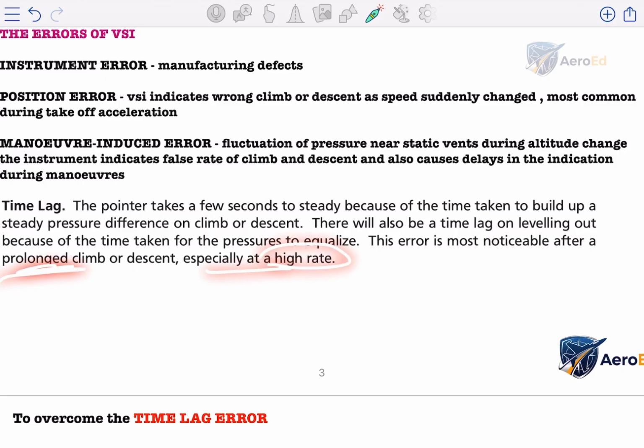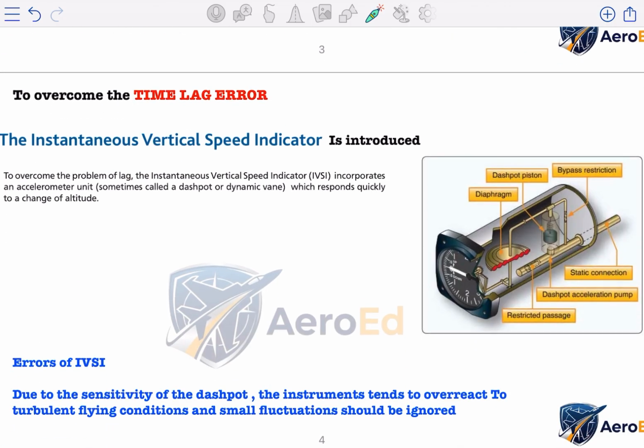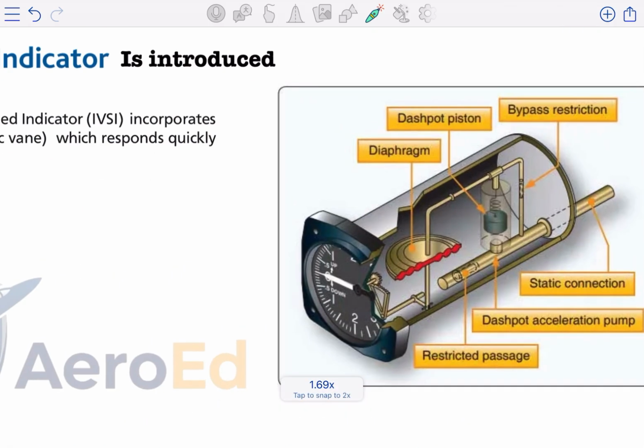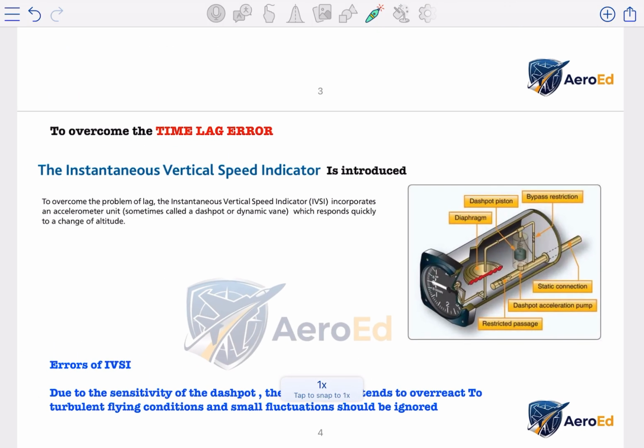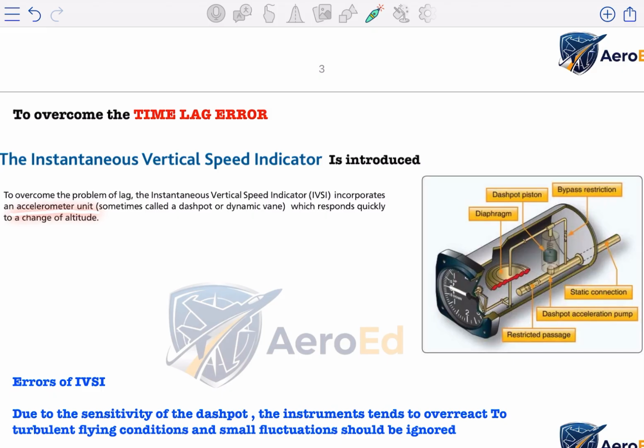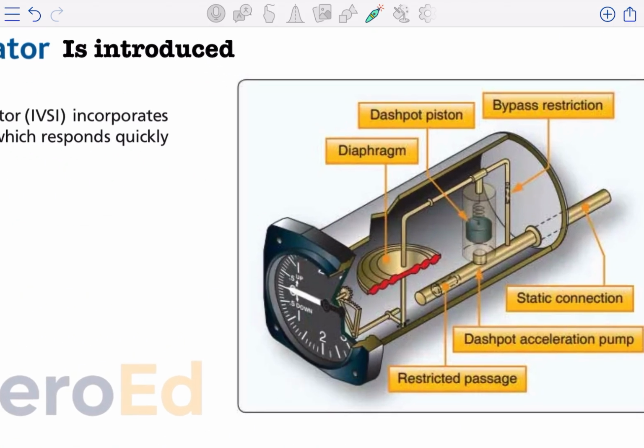To overcome this error, the IVSI was introduced, which is the instantaneous vertical speed indicator. But what difference does the instantaneous vertical speed indicator have that overcomes this time lag? Let me explain using this structure. It incorporates an accelerometer unit which responds quickly to a change of altitude, so it is very sensitive.